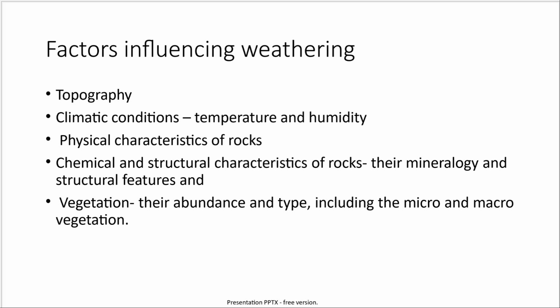Then comes the physical characteristics of rocks. Then another factor is the chemical and structural characteristics of rocks, which includes their mineralogy and structural features. And the last one is vegetation, their abundance and type, including the micro and macro vegetation on a land.